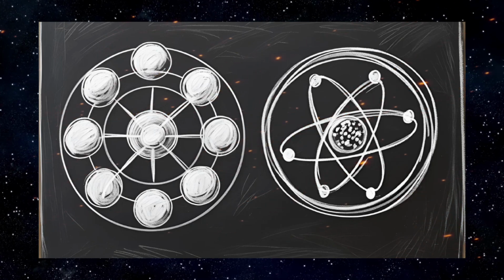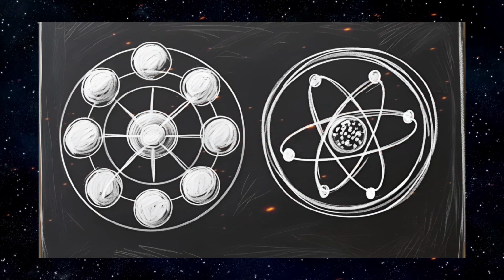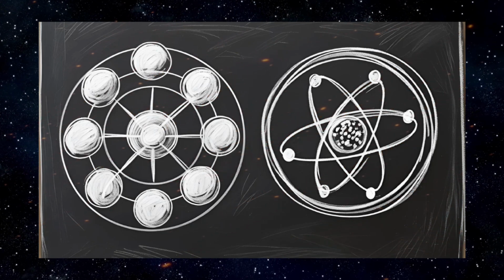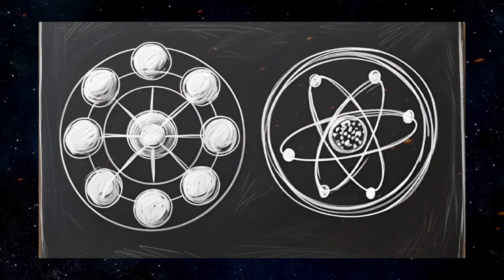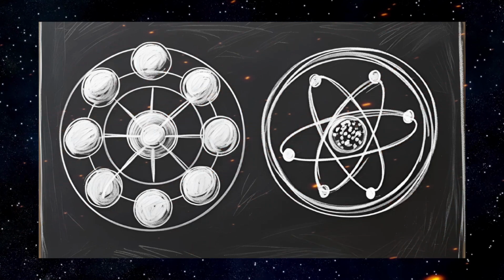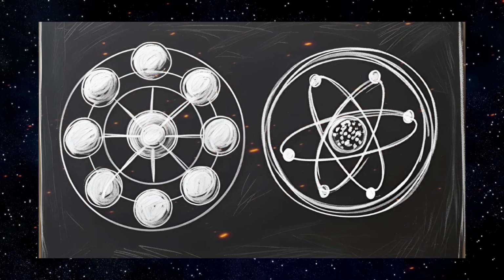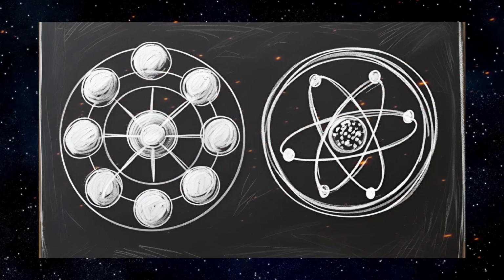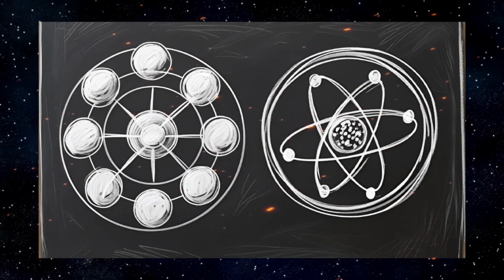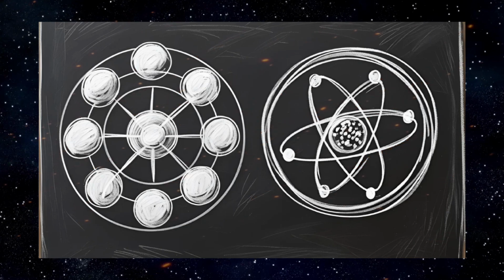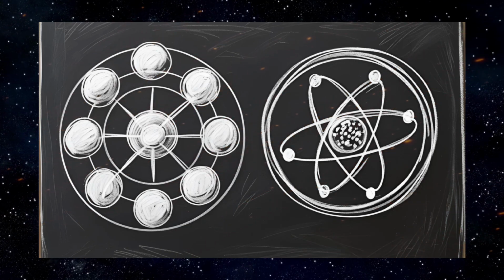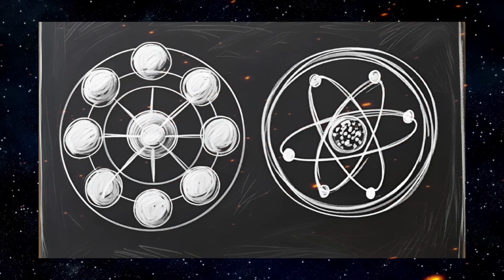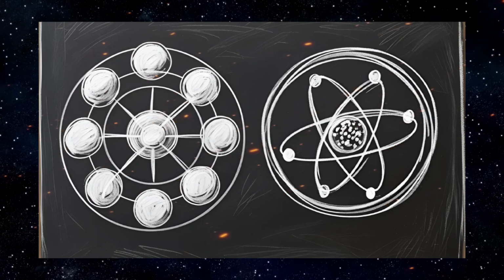The horizontal rows on the periodic table are called periods. There are 7 in total, each one representing a new electron shell being added to the atom. As you move from left to right across a period, each element gains 1 proton and 1 electron. This gradual increase changes the behavior of the atoms in subtle but consistent ways.